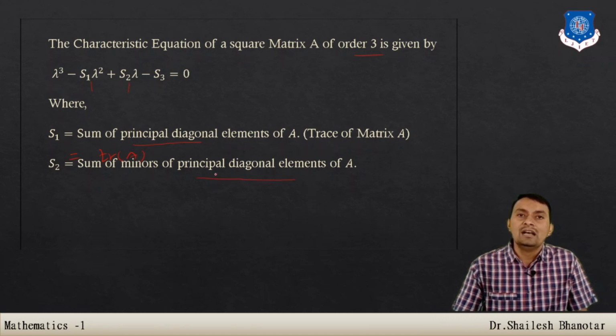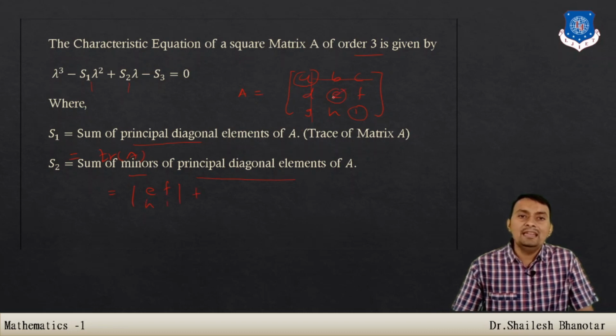Suppose you have given A, B, C, D, E, F, G, H, I. I consider the minor of each diagonal entry. When I take the minor of the first entry, I eliminate its row and column, and what I get is E, F, H, I, plus.